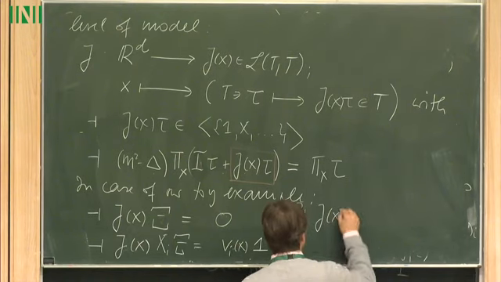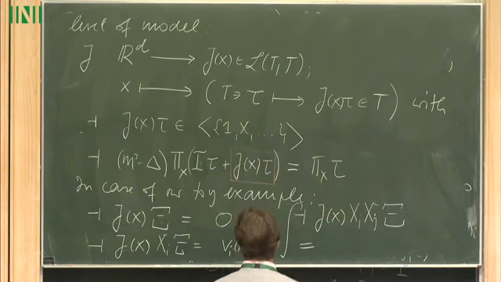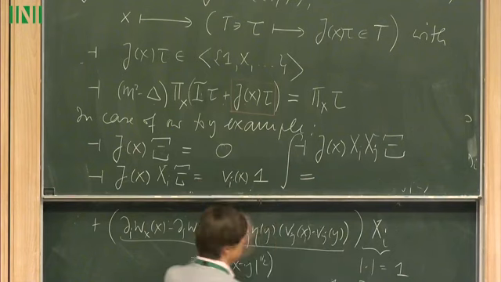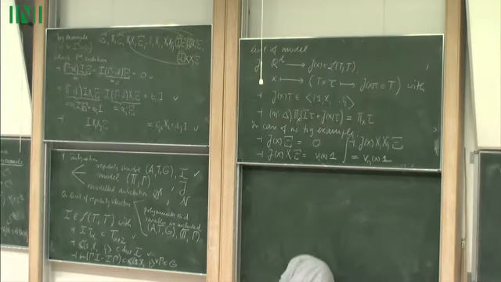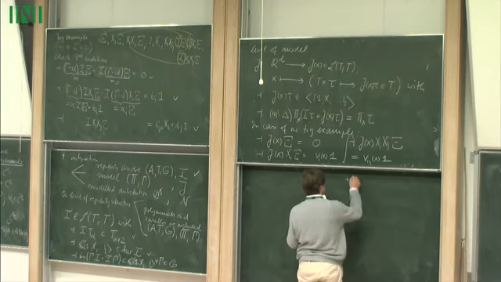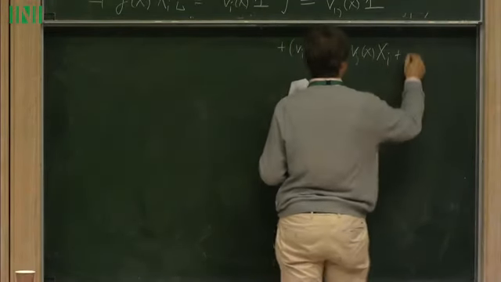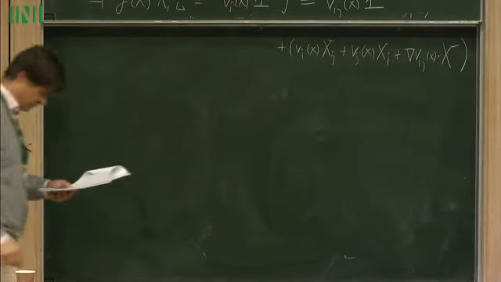And J of x applied to xi_i xi_j is equal to something which involves both functions, is equal to v_ij times 1, and then there is a linear part to it, which consists of two terms, v_i of x X_j plus v_j of x X_i plus gradient v_ij of x, where capital X is all the X_i's put together.